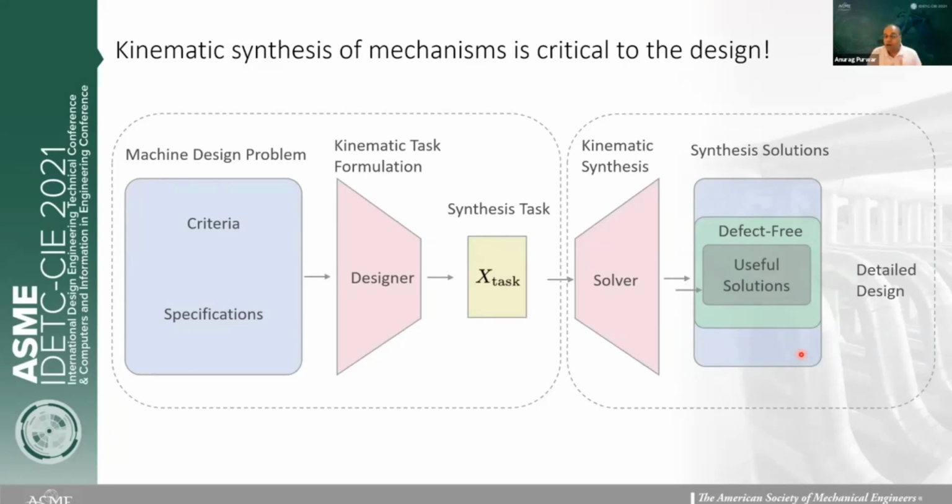Then the designer's job is to take some part of that specification and convert it into what is known as a kinematic task, right? And this is an important step because if you don't formulate a good kinematic task from the specification, then you end up actually creating solutions which may be completely undesirable, right? So this X task over here is important, how you specify that.